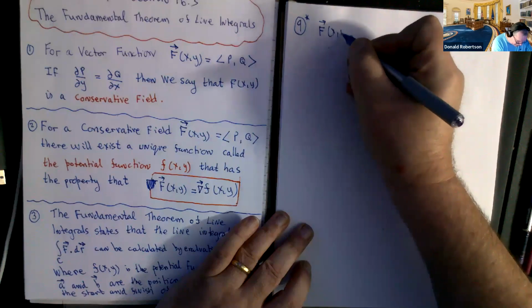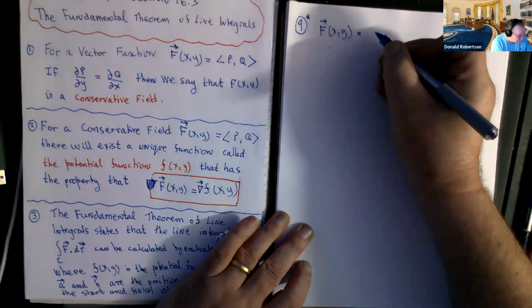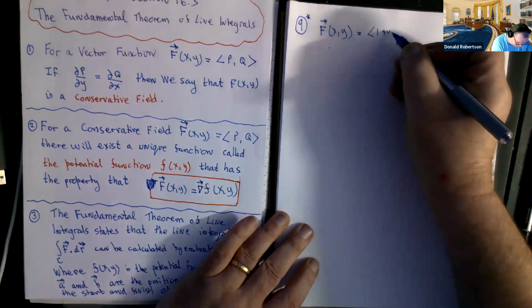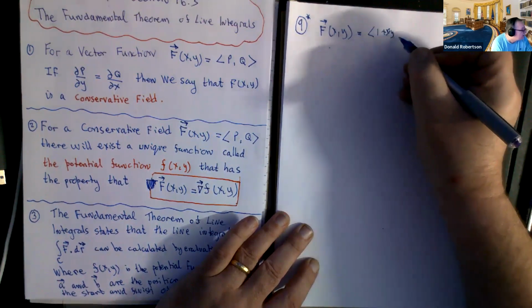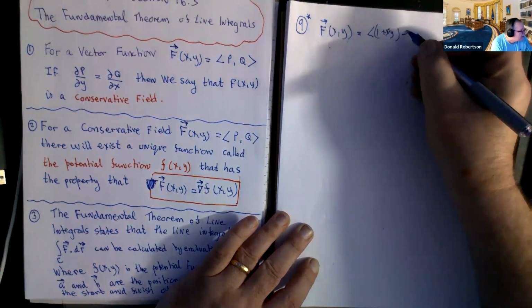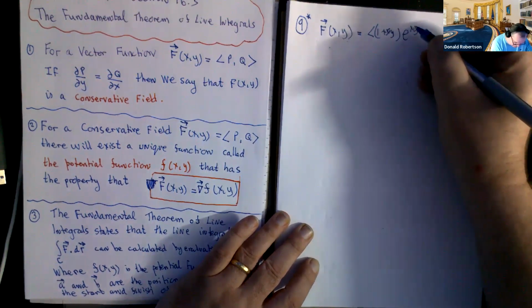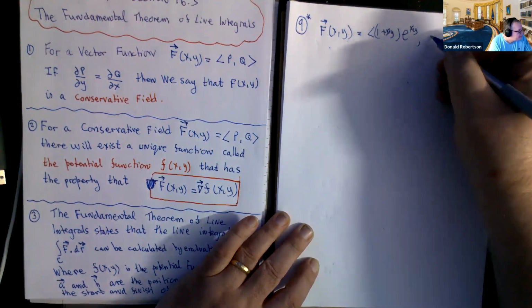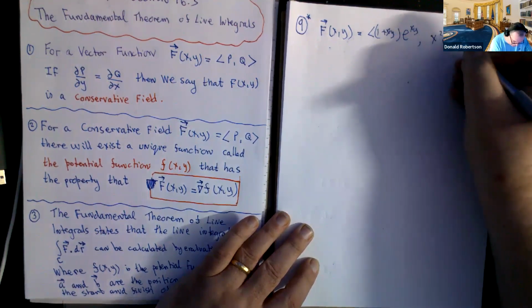So here is our vector field. It's given as (1 plus xy) e to the xy, comma, x squared e to the xy.